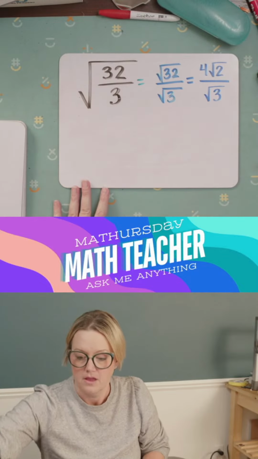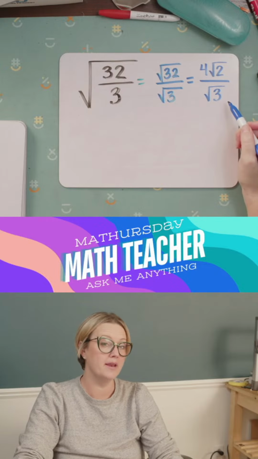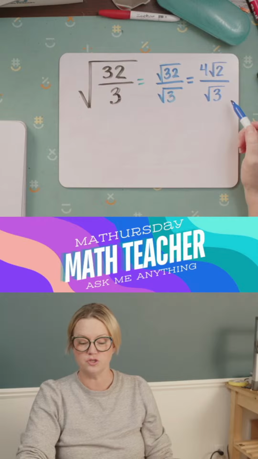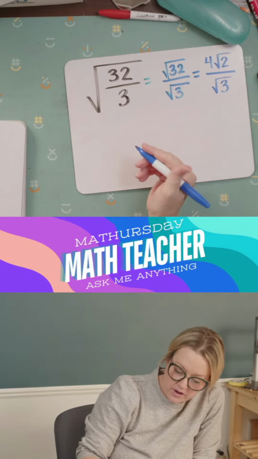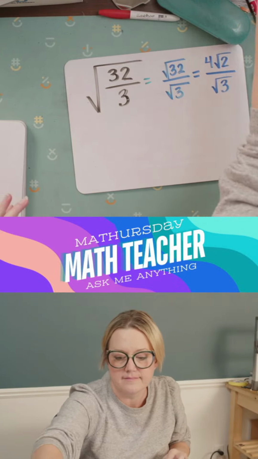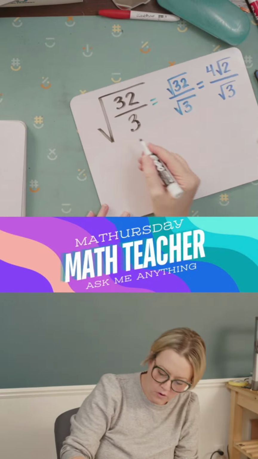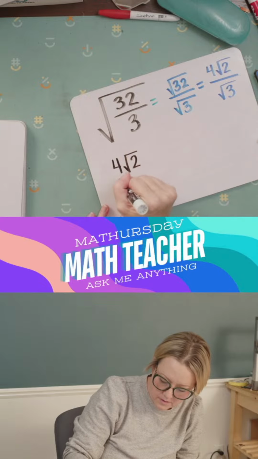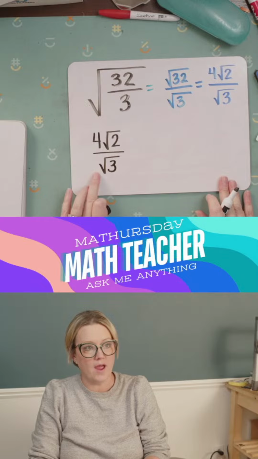All right. A radical in the denominator is kind of a big no-no in math classes, so you have to do what's called rationalize the denominator. If I look at this, 4 root 2 over root 3, I don't want that radical in the bottom.